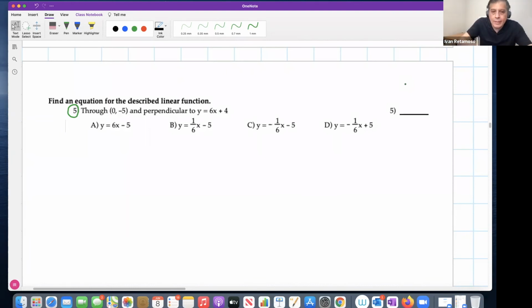Then we will do the ones that come with the graphs, right? Yes, it's the same idea.